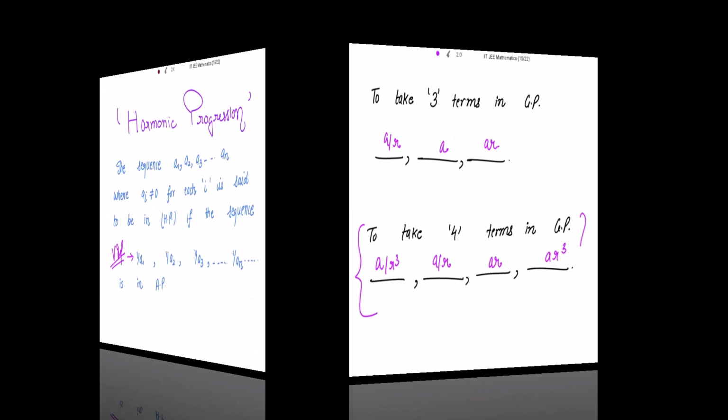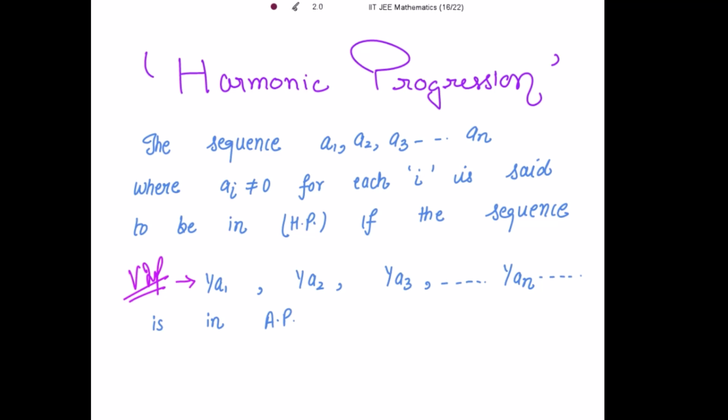Very important. Then is the harmonic progression. The sequence a1, a2, a3 up to an, where ai is non-zero for each i, is said to be in harmonic progression, that is HP, if the sequence 1 divided by a1, 1 divided by a2, 1 divided by a3 up to 1 divided by an, that is the reciprocals of the terms, are in AP.